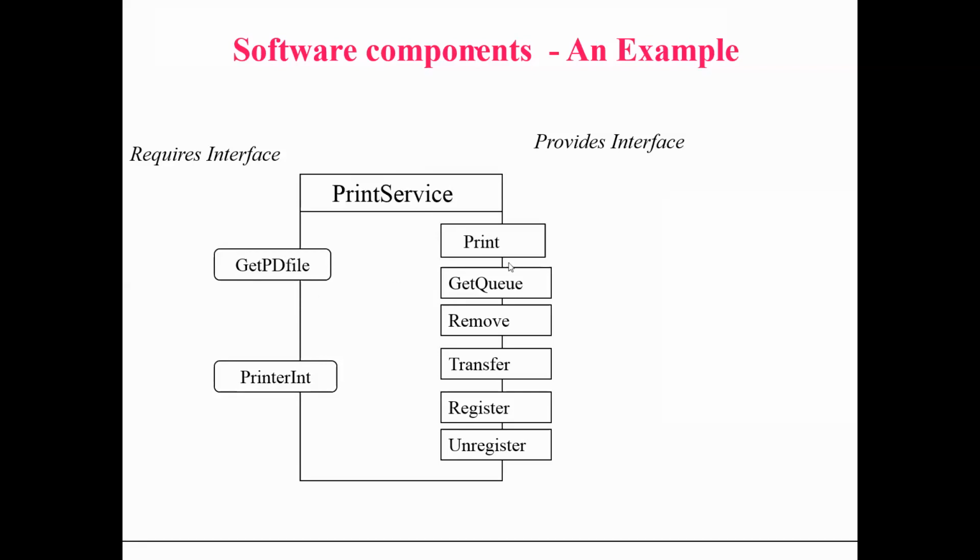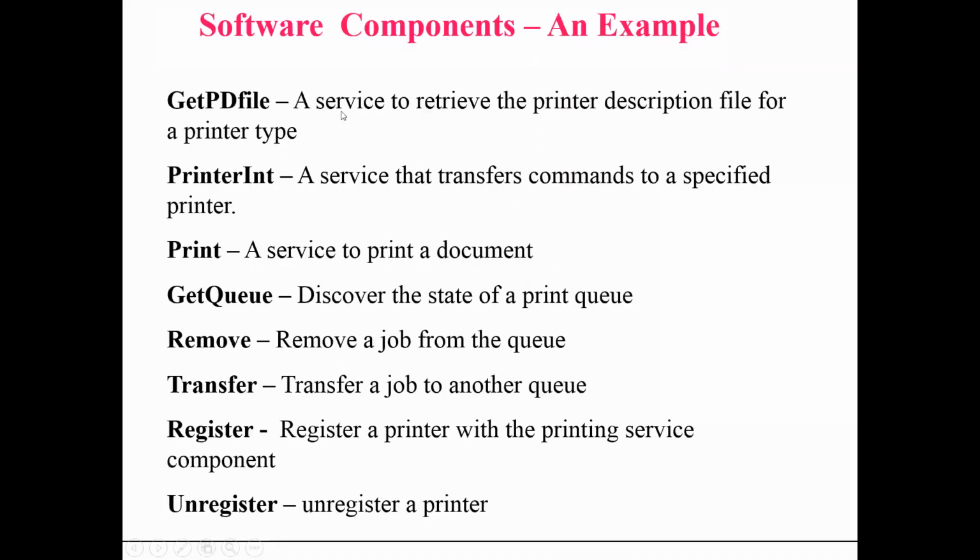Here you can see the components. These all are reusable. That means get file, the first one is the print, get queue, remove, transfer, register, unregister, printer, that means printer inline, get PDF file. So you can develop the reusable component for these components.